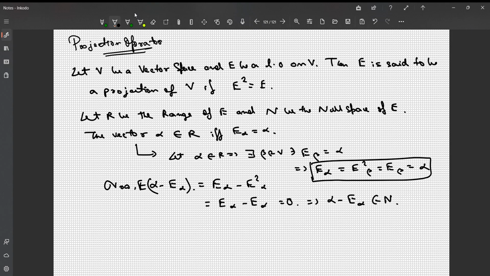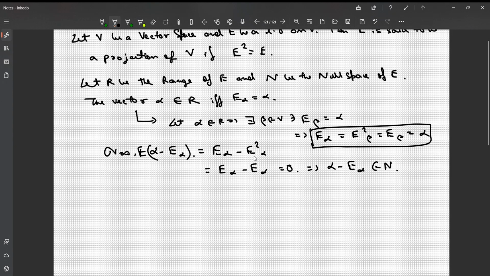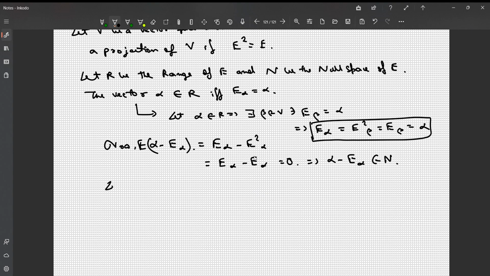Furthermore, if you choose an element which is in the intersection of the range space and the null space, let alpha be in the intersection, then the first thing we have is that E alpha is 0. But alpha belongs to R as well. So that means E of alpha must be equal to alpha. So alpha can be written as E of alpha, but we have proved that E of alpha must be equal to 0.